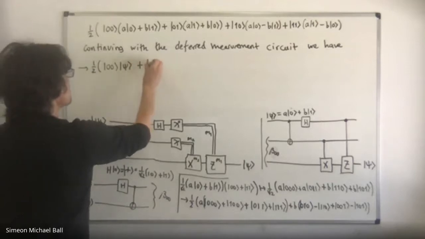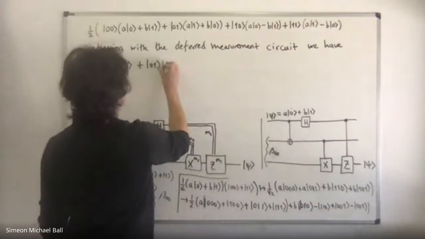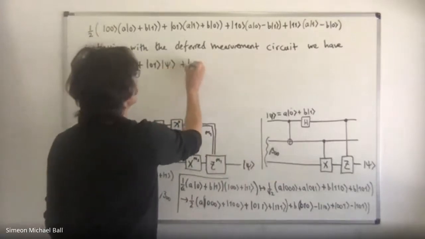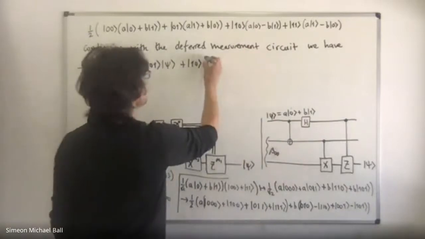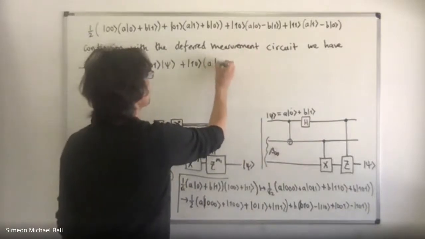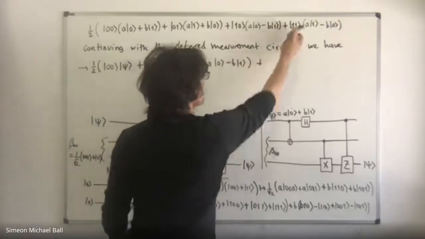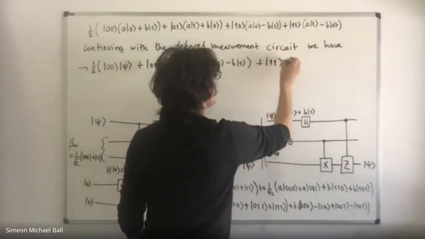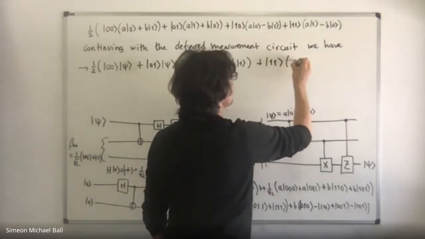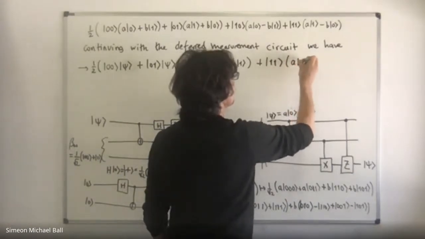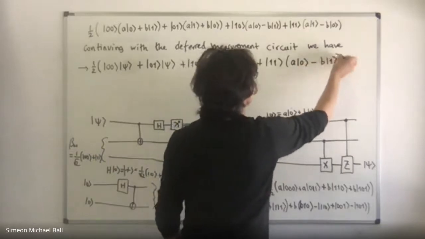So if the second qubit's set, as it is here, we apply an x, so we get psi here. If the second qubit's set, well, it's not, so we don't do anything. And if the second qubit's set, which it is, then we apply x, so we get a 0 minus b 1.